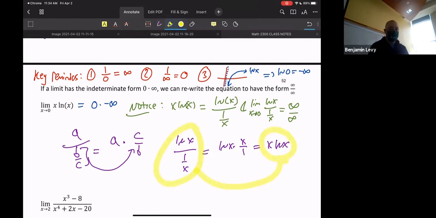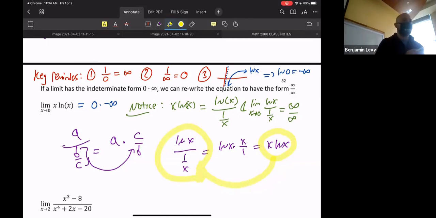But what we're doing is the opposite. We're starting with something that is in the wrong type of indeterminate form, and we rewrite it in an ugly compound fraction kind of way, but that gives us infinity over infinity. That's sort of the idea there. So explain it, Sebastian, or anyone? It's the property of dividing by a fraction. Okay.